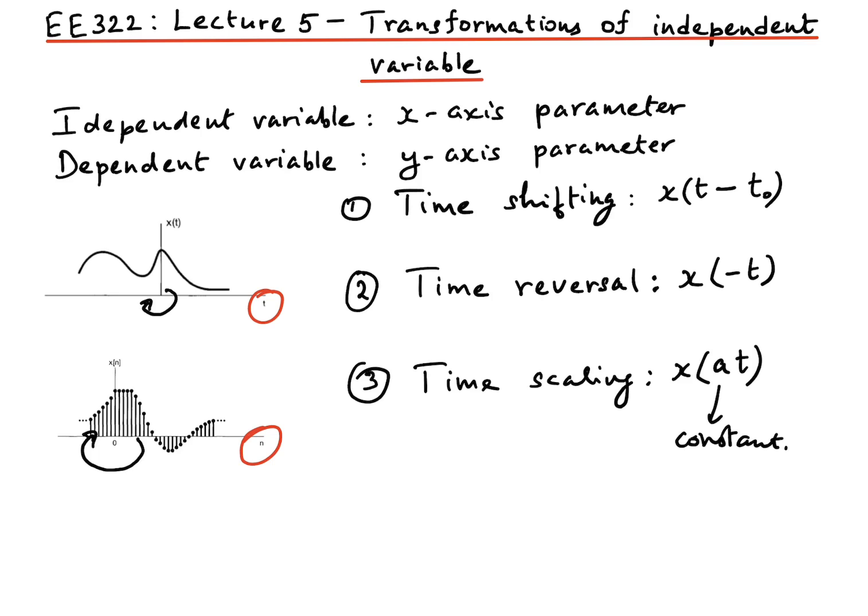Depending on whether that number is greater than 1 or less than 1, the signal will either be shortened in its duration, or expanded, or elongated. Sorry, if it is greater than 1, it will be shortened, and if it is less than 1, the signal will be elongated. Okay, so we are going to look at examples of how to perform these transformations, and first of all, you'll see the examples of performing these transformations one by one.